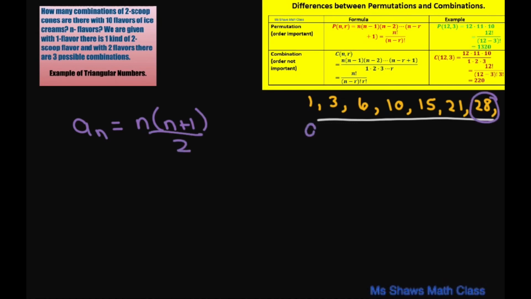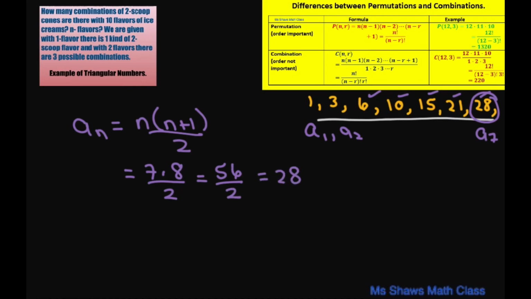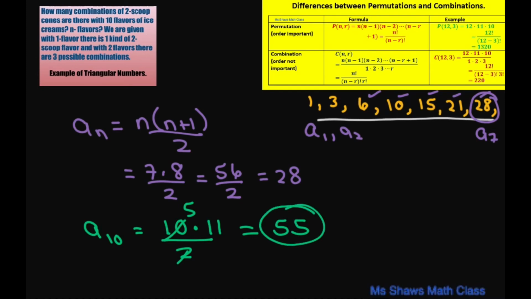If we do a sub 1, a sub 2, 3, 4, 5, 6, 7: a sub 7 would be equal to 7 times 8 divided by 2, which gives me 56 divided by 2, which equals 28. And that works. So now we need the 10th one. A sub 10 is going to equal 10 times 11 divided by 2. So 2 goes into 10 5 times. You get 55. So that is your 10th.